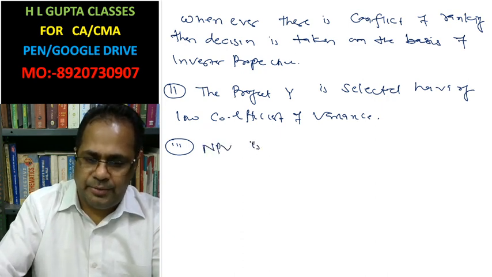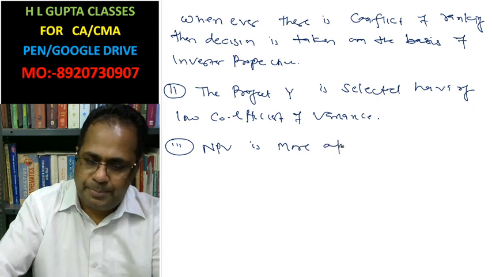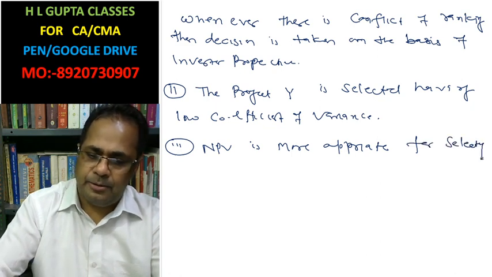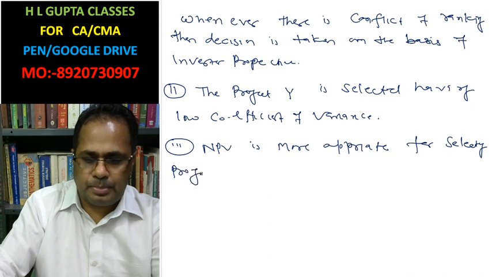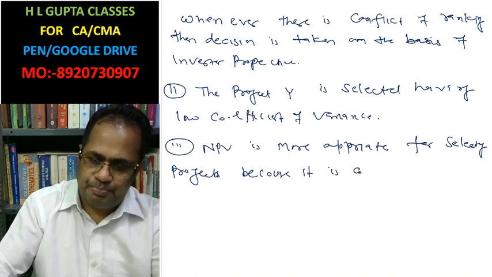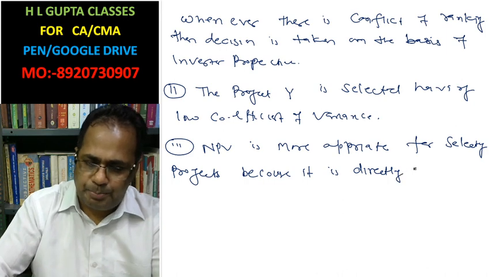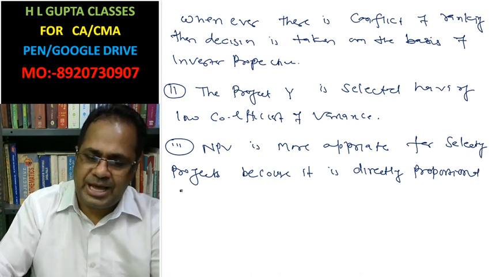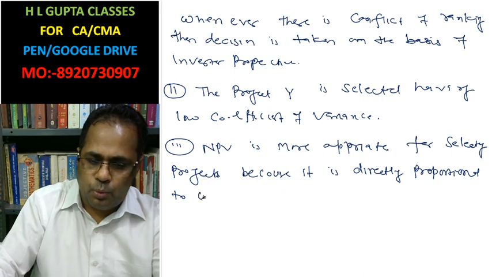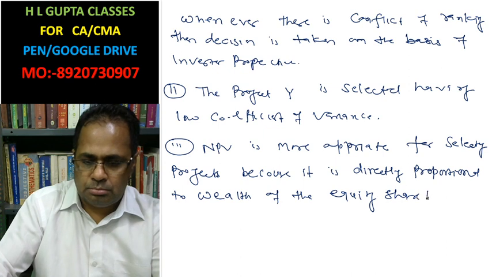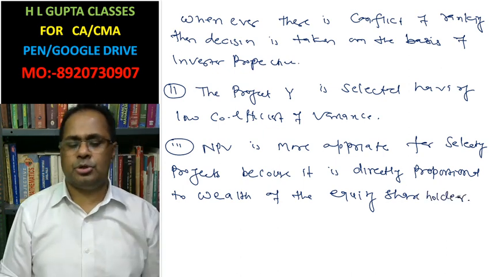Net present value is more appropriate for selecting projects because it is directly proportional to the wealth of the equity shareholder.